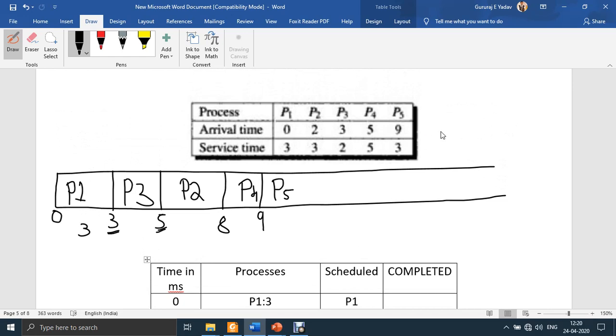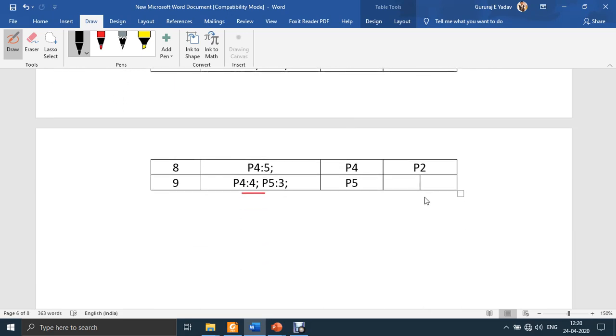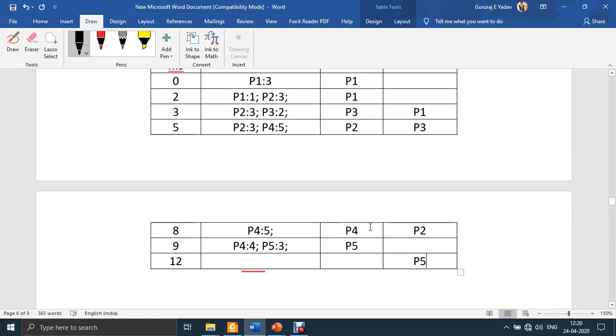No further processes are arriving after P5. P5 requires 3 milliseconds to complete, so from 9, P5 will complete at 12 milliseconds. The next time instant to consider is 12, and at 12 the completed process is P5. Hope you are getting it.